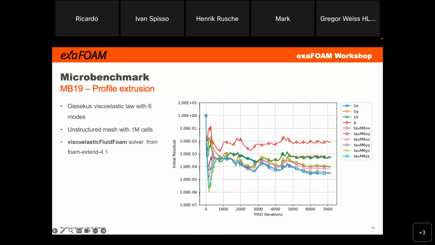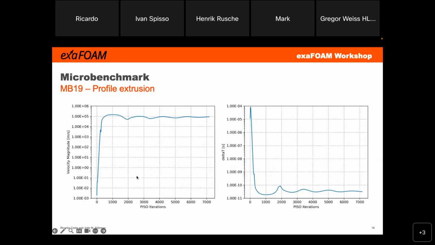We aren't able to converge to the solution. At some point, it stagnates and stays like that for the rest of the simulation. This is because of stability reasons, and we know that problem already from other situations.